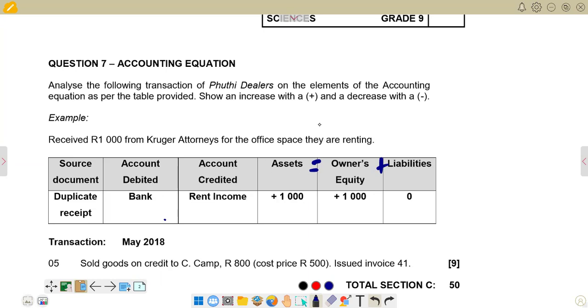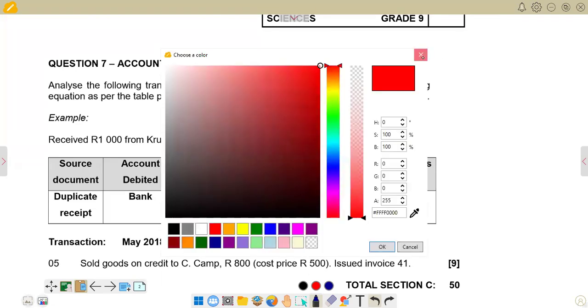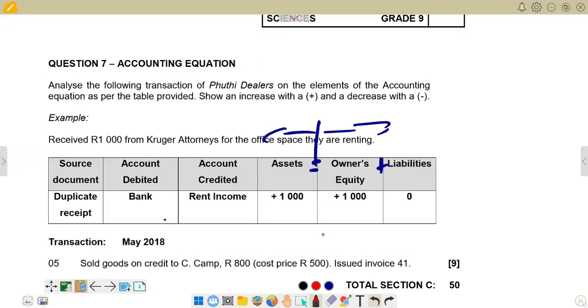When a transaction is affecting one side, and it's also affecting the other side, it means the signs would be the same. If it's a positive on the side of assets, you're going to have a positive on the other side, which would be a positive for either owner's equity or liabilities.